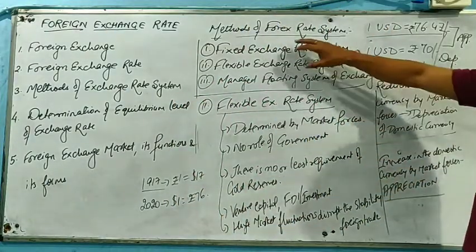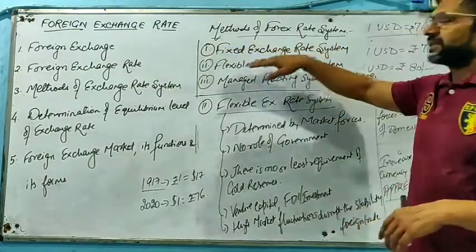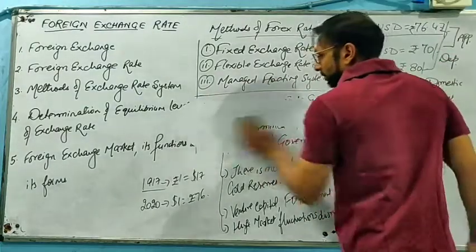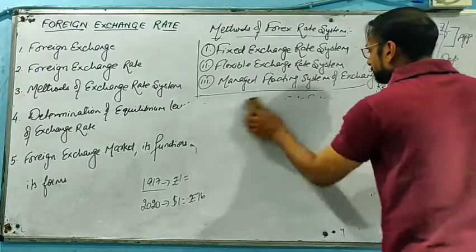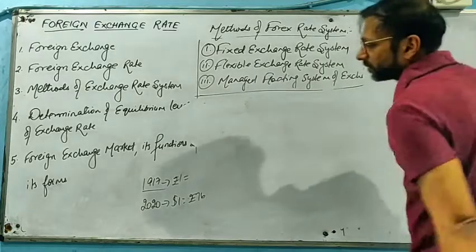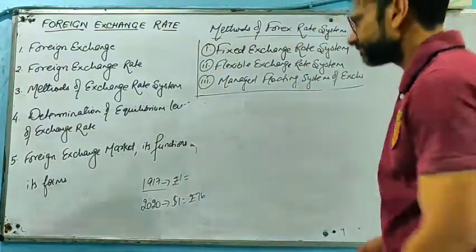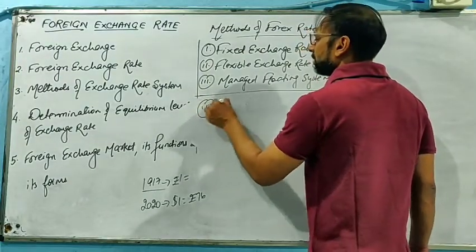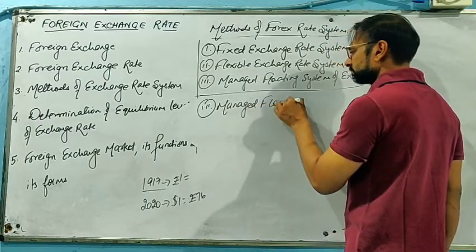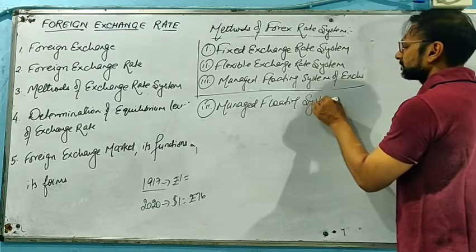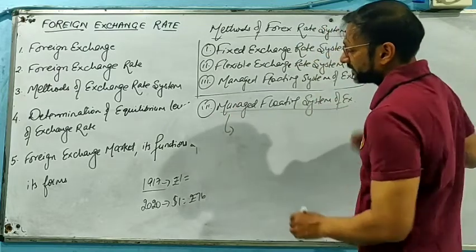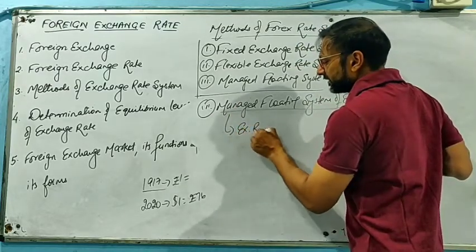So these are the two methods that we have discussed: fixed exchange system and flexible exchange system. Now we come to managed floating. Managed floating is basically the combination of both systems, where the government needs to take care of the rising fluctuations. If we talk about the managed floating system of exchange, we just need to see basically the exchange rate system.